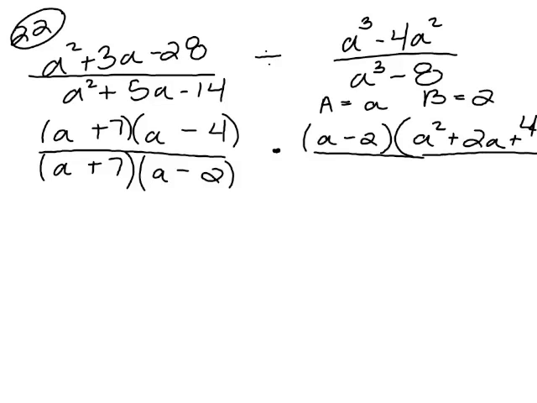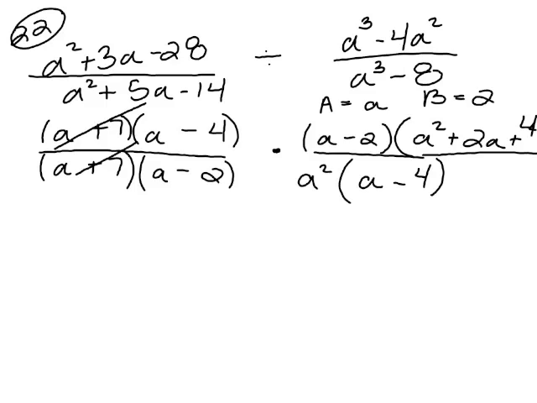Let's pull the a squared out of that. So what am I left with? A minus 4. So a squared times a cubed minus 4a squared. Okay, let's look around and see if there's anything we can cancel.